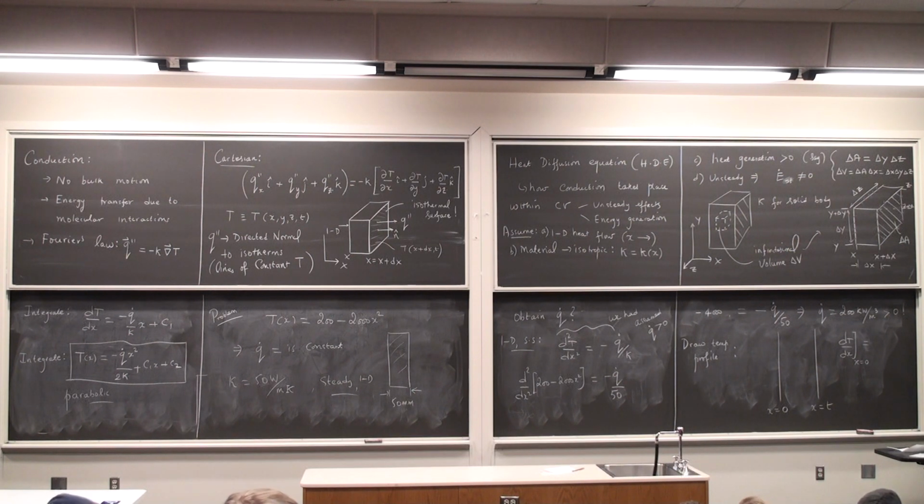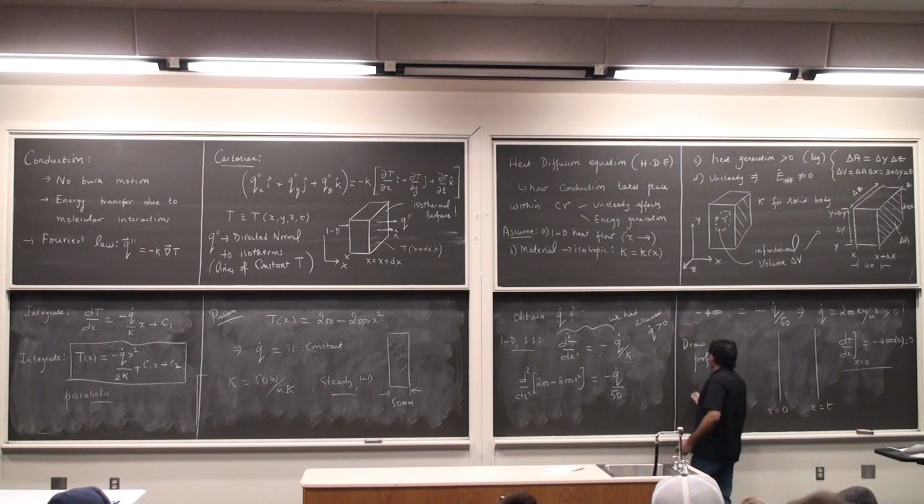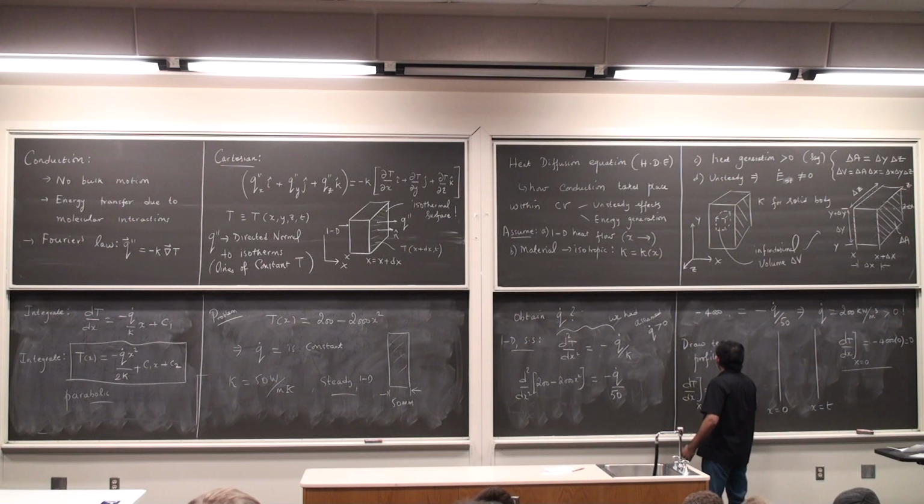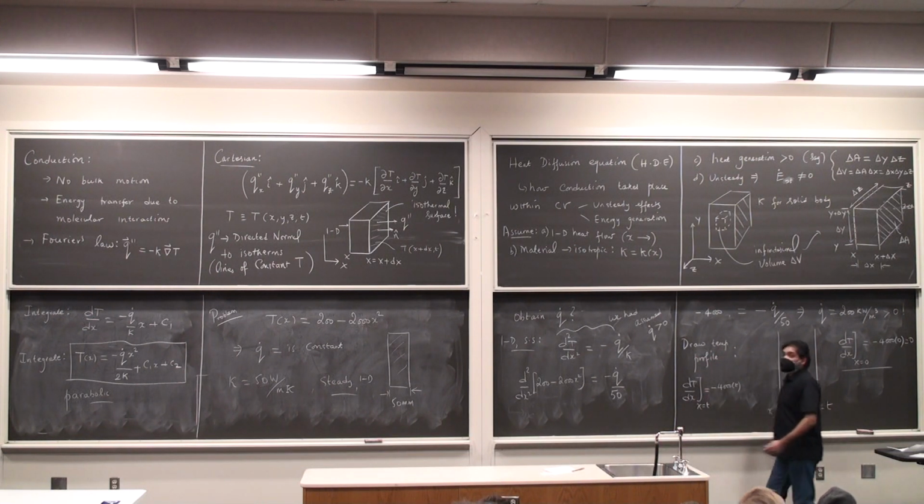So what is the slope here? dT by dx at x is equal to 0 is minus 4000 times 0, the first derivative of the temperature multiplied by whatever quantity x there is. X is 0, so this is 0. dT by dx at x is equal to T is minus 4000 times the thickness T, which is less than 0.